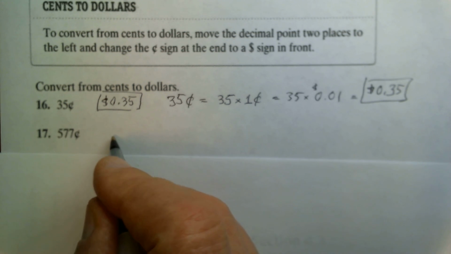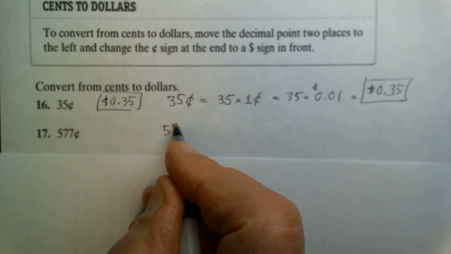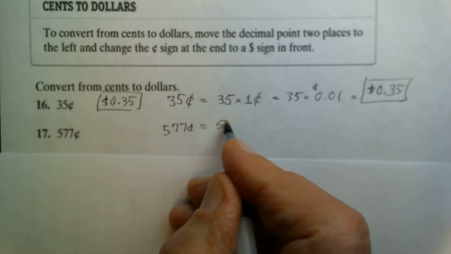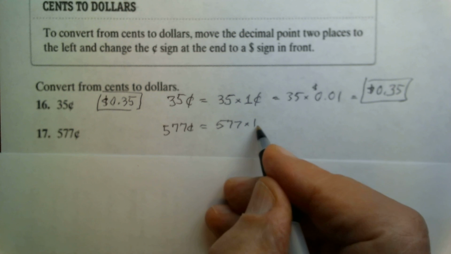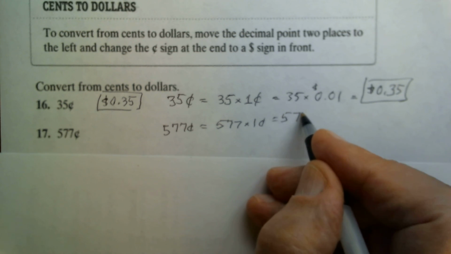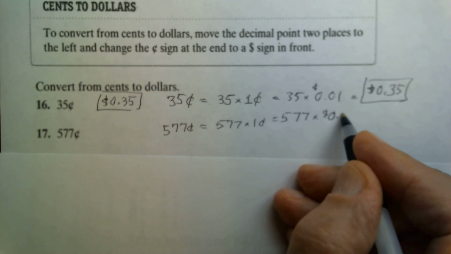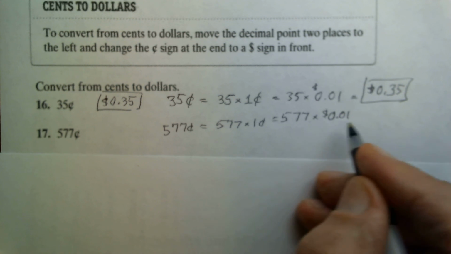For a similar example, 577 cents. 577 cents means 577 times 1 cent equals 577 times $0.01. So move the decimal 2 places to the left.